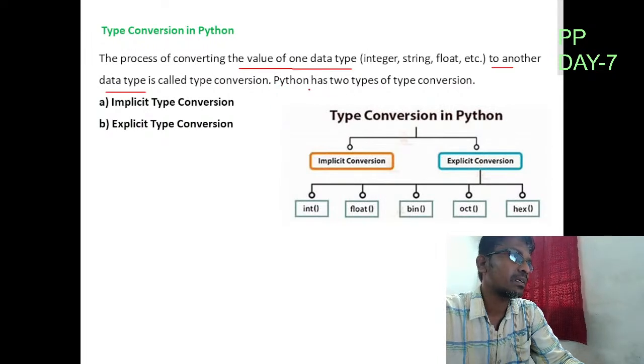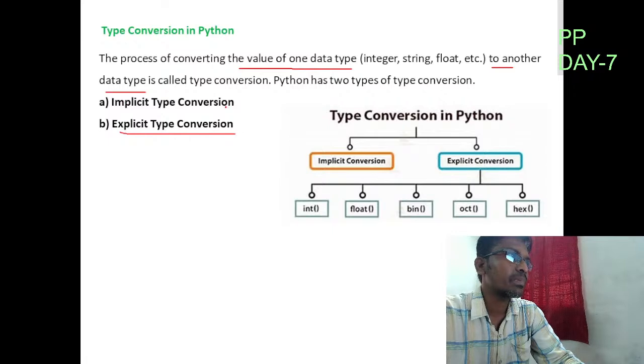This is the same in C programming, Python, and C++ also. And Python has two types of type conversions. Not only Python, in other languages like C, C++ and Java also we have two types of type conversions, that is implicit type conversion and explicit type conversion.